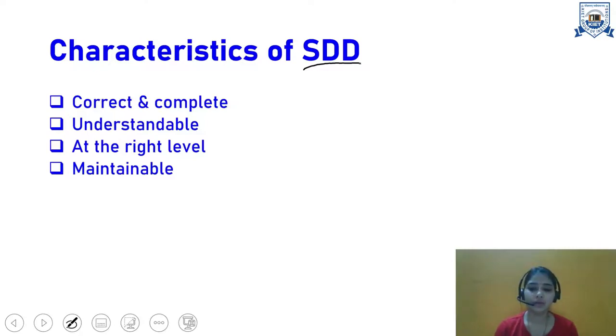So these are the characteristics, the expectations from the document while studying it. This is also the expectation of the developer. When the coder implements the design document, his expectation is that the document should be complete and correct.